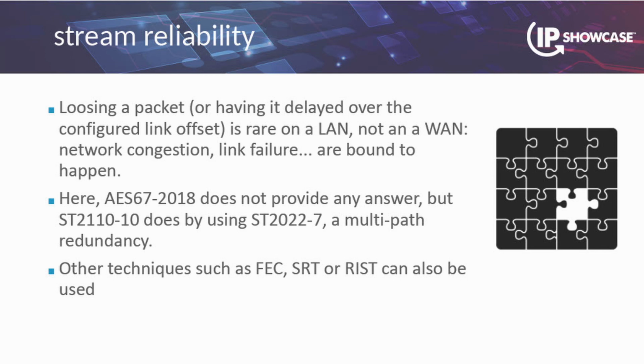When the LAN is not properly configured, of course you will lose packets, but when the LAN is correctly configured, you generally don't lose a packet. On the WAN, you will lose a packet due to network congestion, link failure, etc. So AES67 2018 doesn't address this problem, but ST2110 does, and we can also use other techniques.